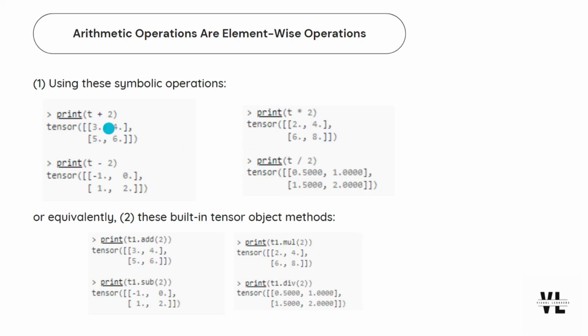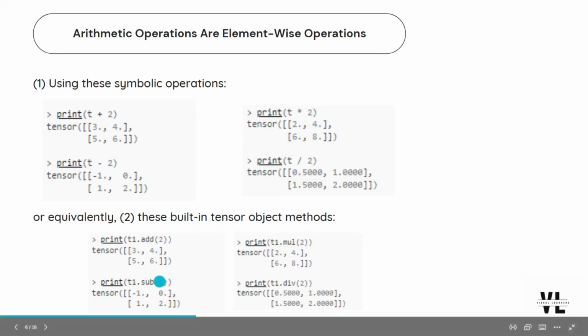We need to create a new concept in order to understand the outputs of these operations. But for now, let's see that these four operations can be used in PyTorch. Instead of using these operators, you can also use the built-in tensor object methods such as add, sub, mul, and divide, or div, in order to perform the same operation.